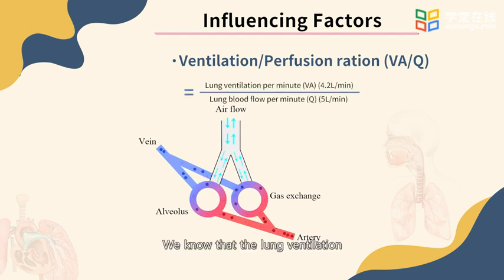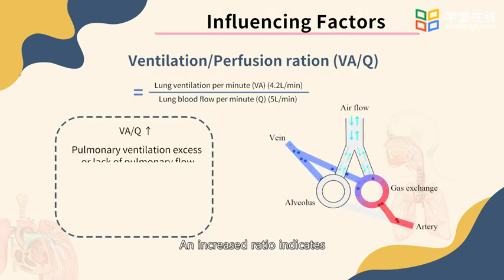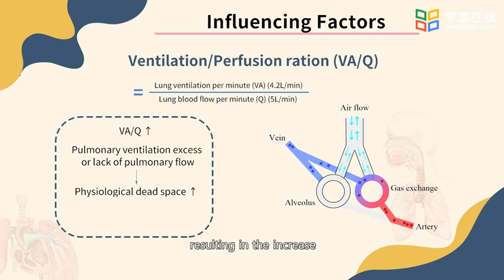We know that the lung ventilation is about 4.2 liters per minute, and the respective blood flow is 5 liters per minute. So the normal ratio is about 0.84.